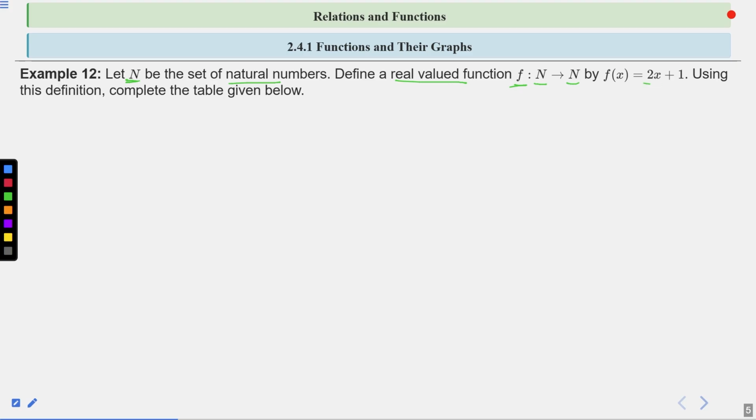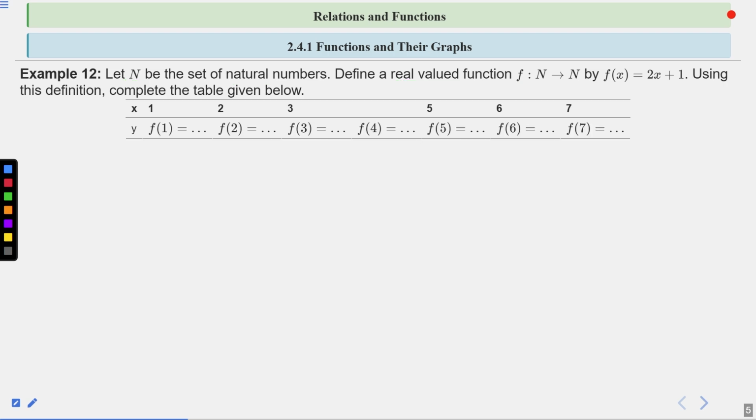Now, using this definition, what you have to do is simply complete the following table. What table? This table. Suppose x is 1, then find out f of 1. If x is 2, then find out f of 2. If x is 3, then find out f of 3.